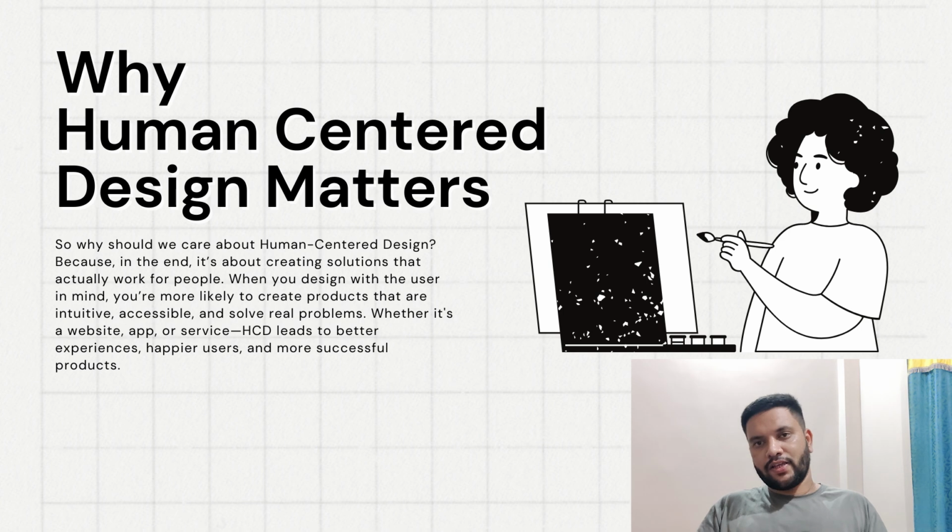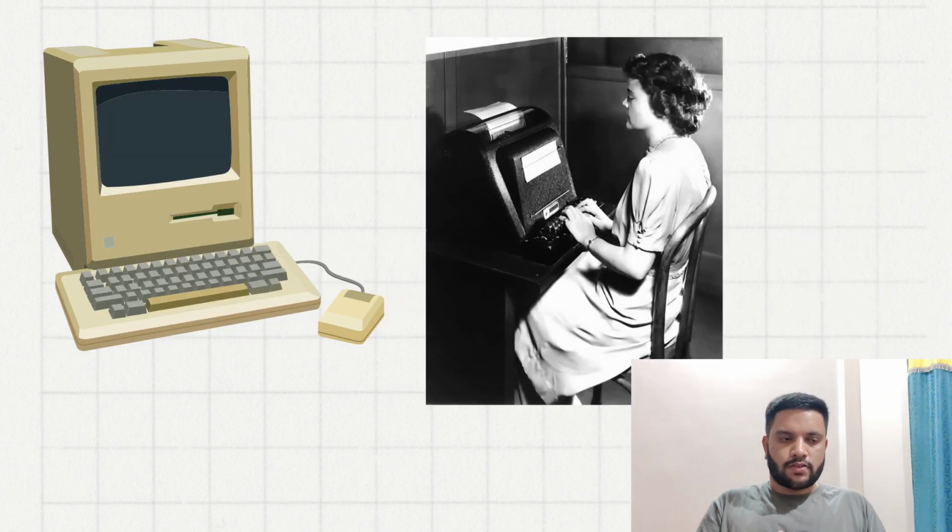Now let us see why human-centered designs are required. The early computers which came in the 1940s required specialists to use them. But by the end of the 1980s, things changed and large numbers of people started using computers. They were not specialists and problems started to arise.